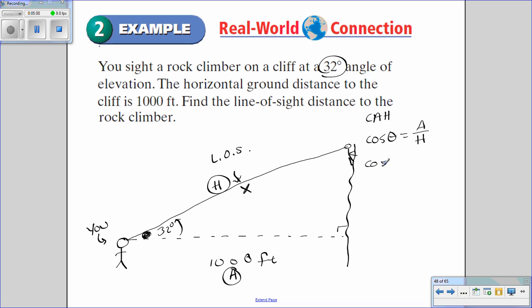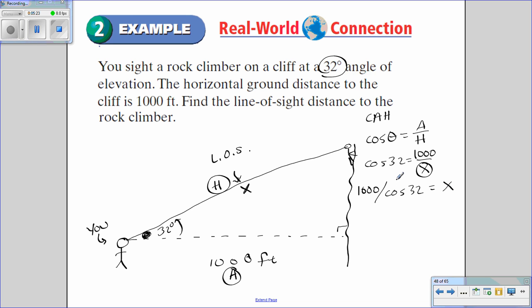Plug in the information. Cosine of 32 equals adjacent, which is 1,000, over hypotenuse, which was x. Again, if x is on the bottom, we are going to divide. So my math would be 1,000 divided by cosine 32. That should give me my line of sight distance to the rock climber.